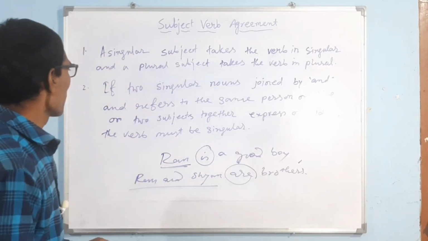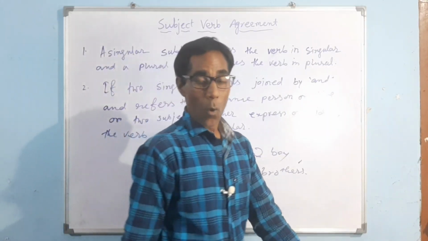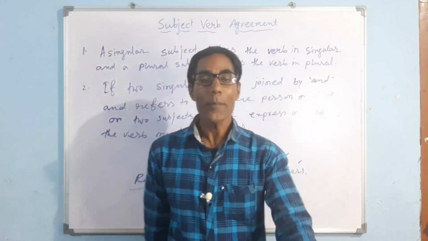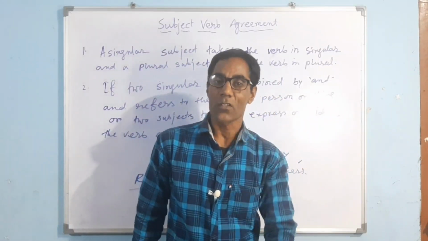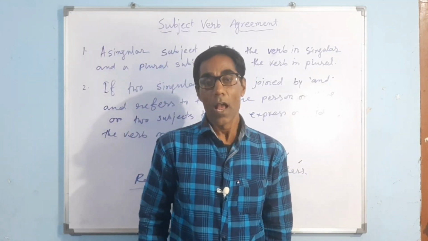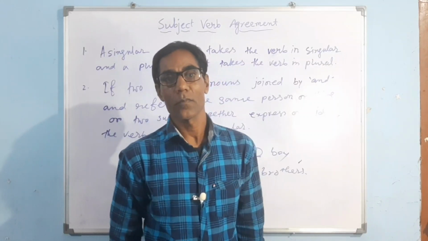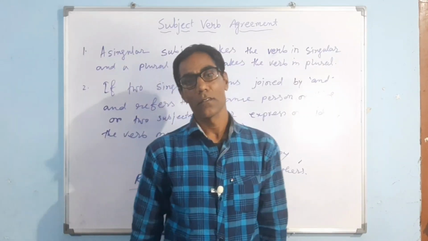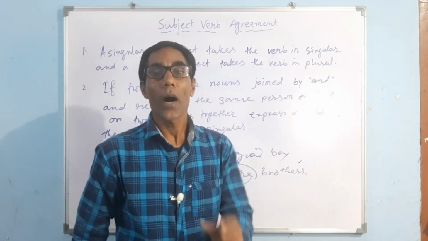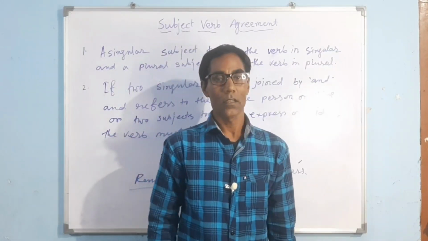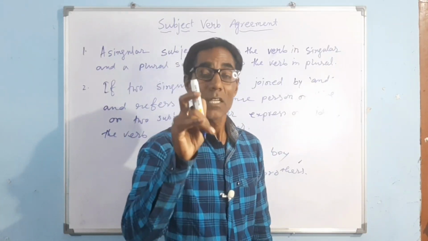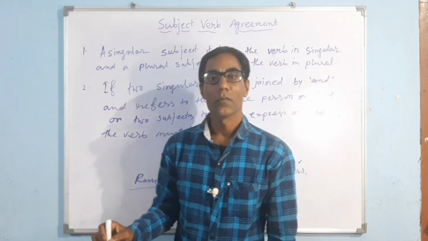You have to remember the next rule. If two singular subjects joined by and express only one idea or denote only one person or thing, then it will be a singular subject and you have to use a singular verb.